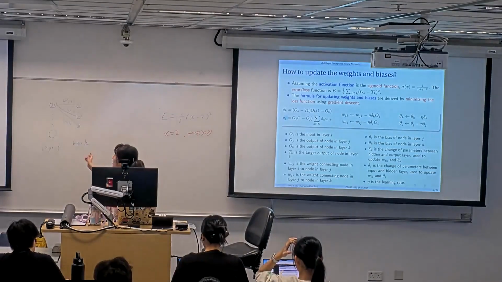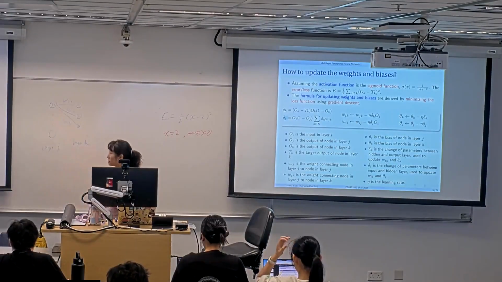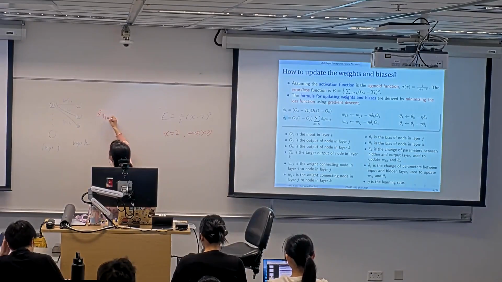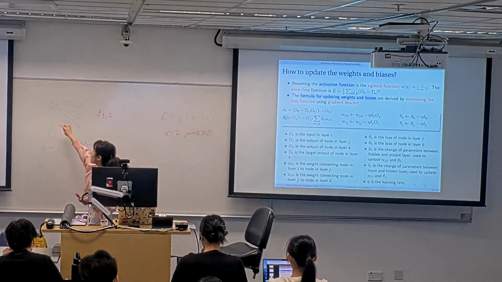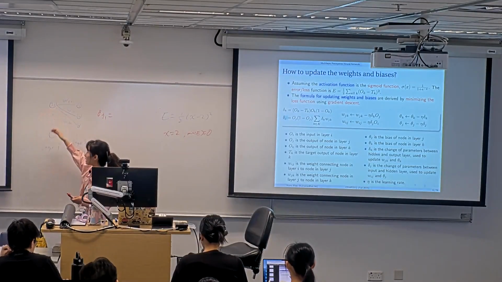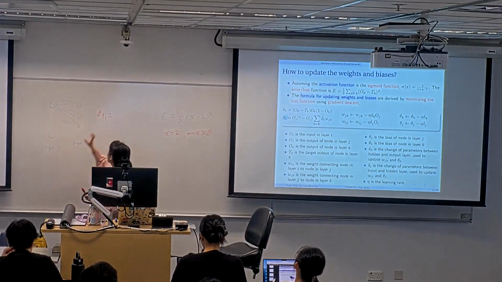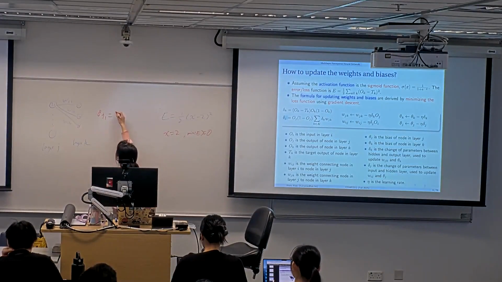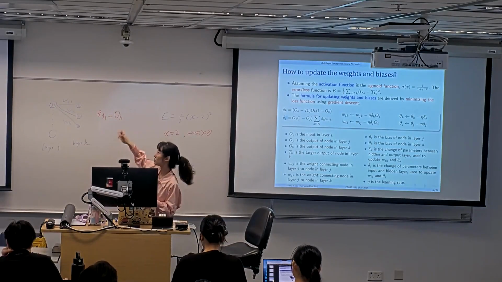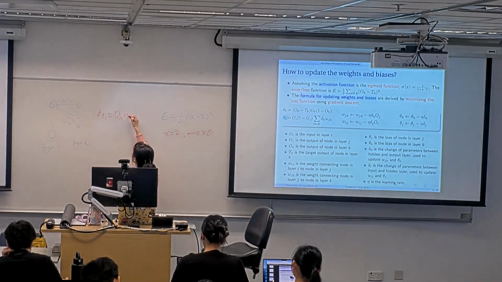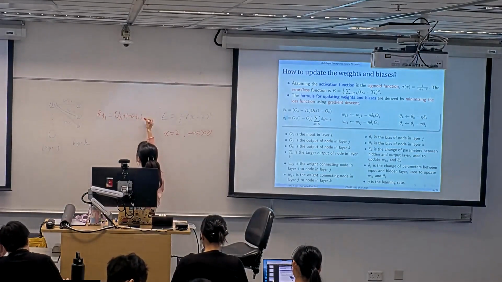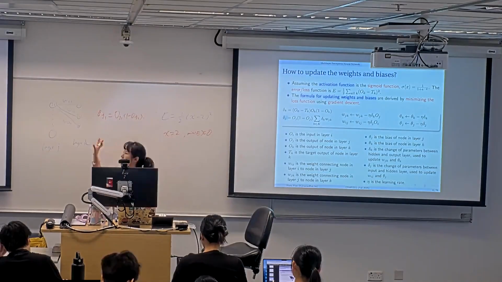Then when computing this delta J1, note that delta J is one value for each single neuron, so delta J1 will be different from the other delta J's in this layer. Delta J1 should be big OJ1, what you computed for this node during forward propagation, times 1 minus big OJ1, then times the sum.